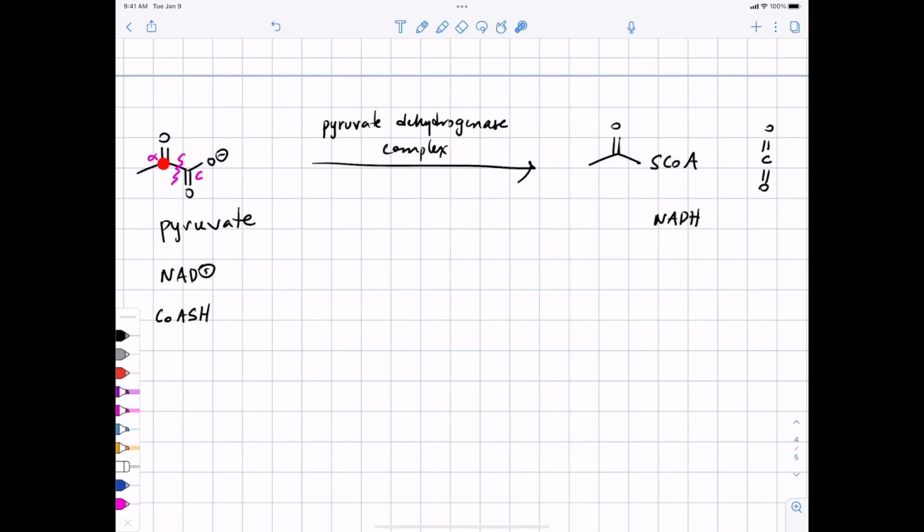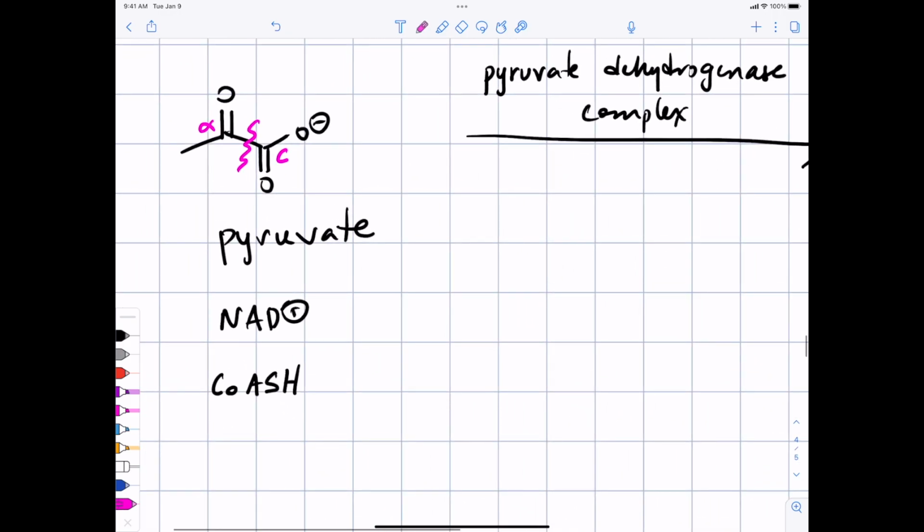We've got to oxidize somehow this alpha carbon from being a ketone to being a thioester. We've got to get rid of CO2, but all we know about for getting rid of CO2 right now is decarboxylation of a beta keto acid.